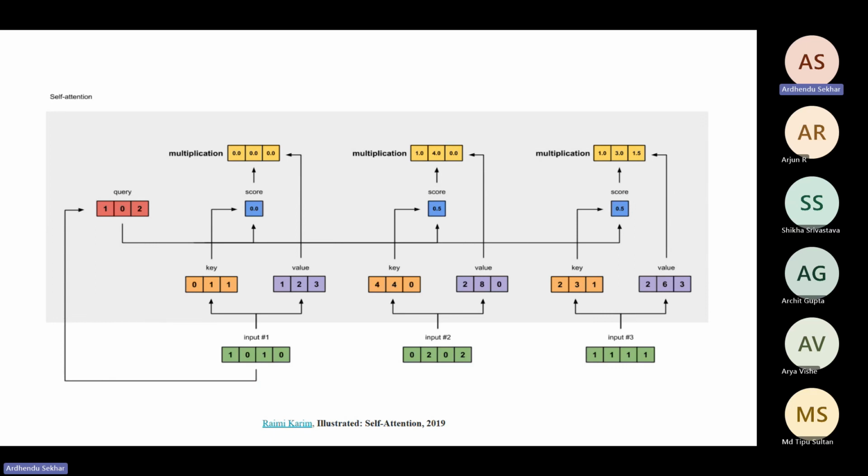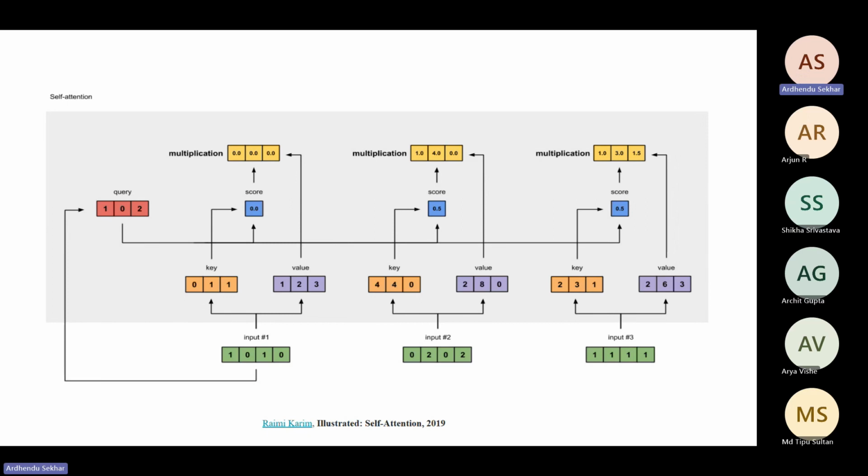The query of input one looks at the key of input one, and it generates a score, shown in blue. It does the same thing again: the query of input one looks at the key of input 2, and after the softmax it generates 0.5. Similarly, input 3 generates a score of 0.5 after softmax.